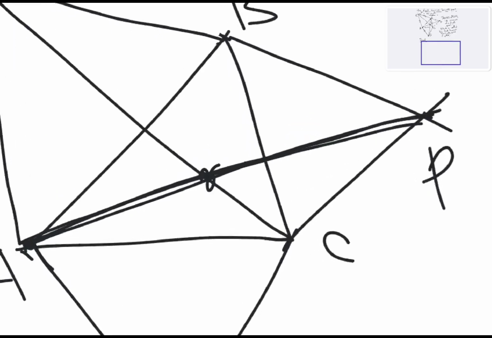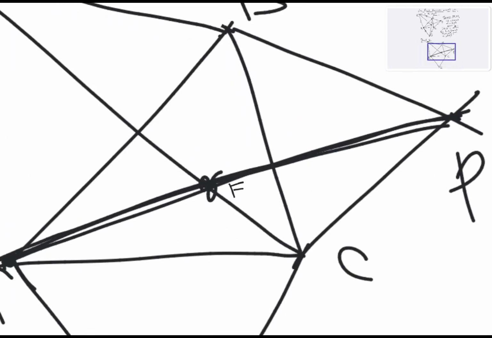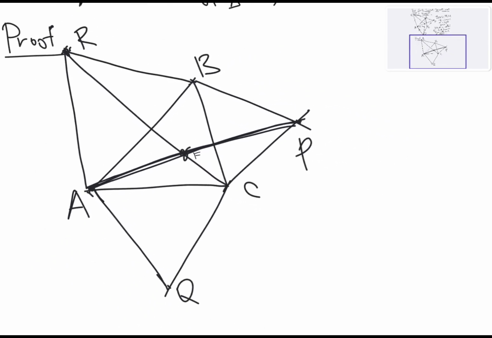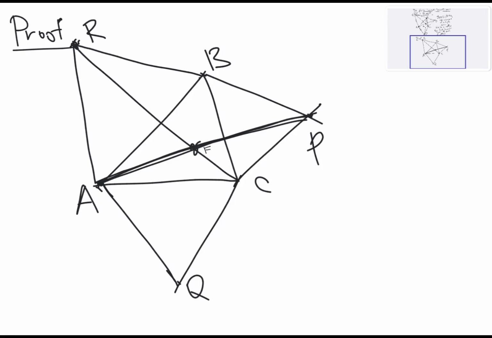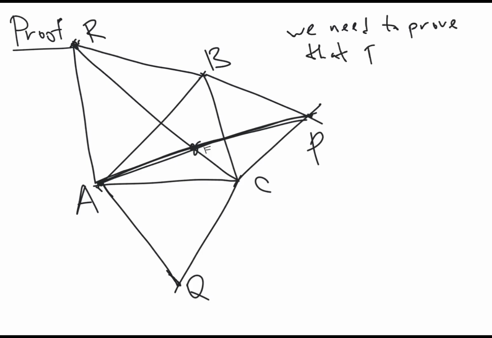So this is F, and F is the intersection point of these two lines. So basically we need to prove now that F belongs to the third line, from B to Q. Like we need to prove that F belongs to the line BQ.